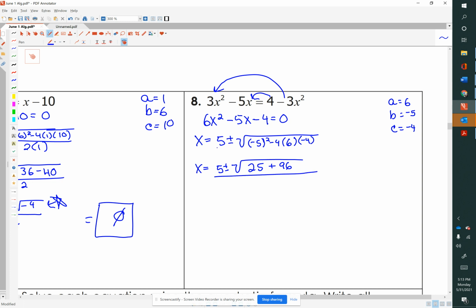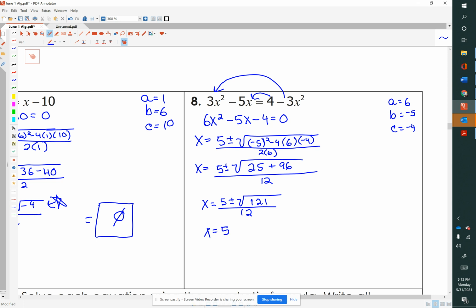All of that over, and I forgot to do that part up here, 2 times 6, so that will be 12. And now we're going to add the 25 and 96 to give 121, and the square root of that will be 11.